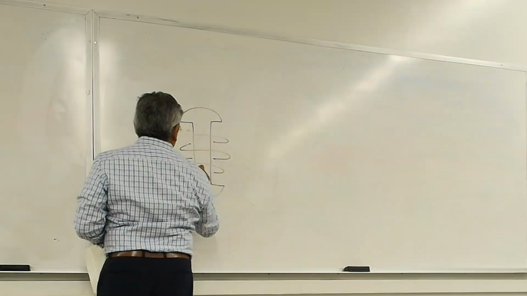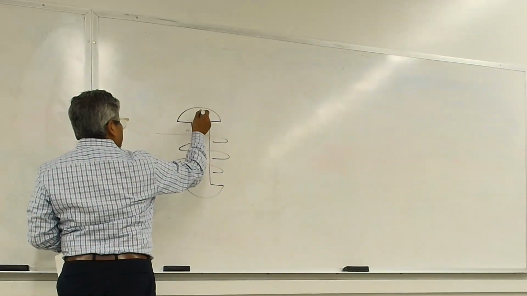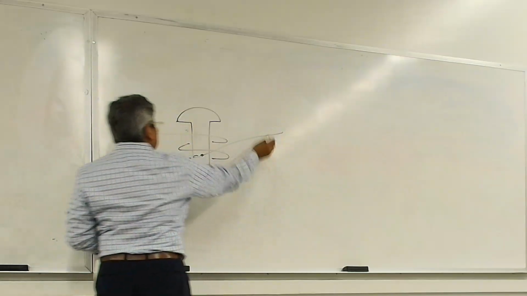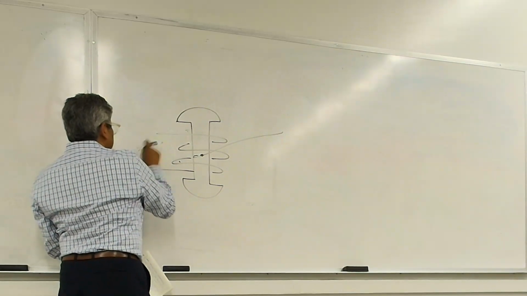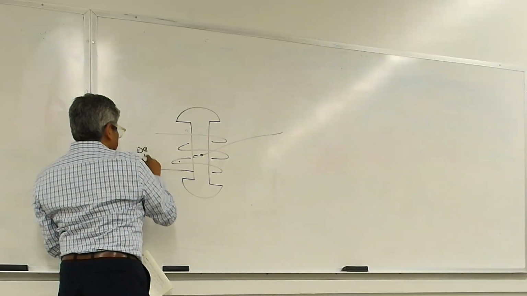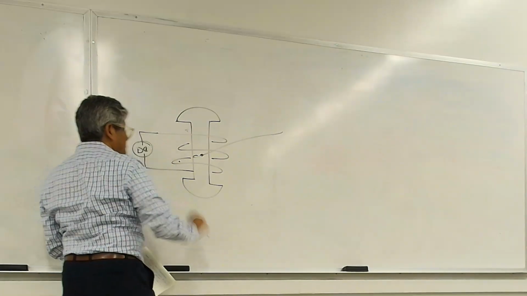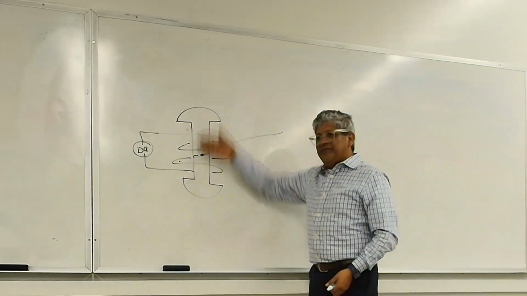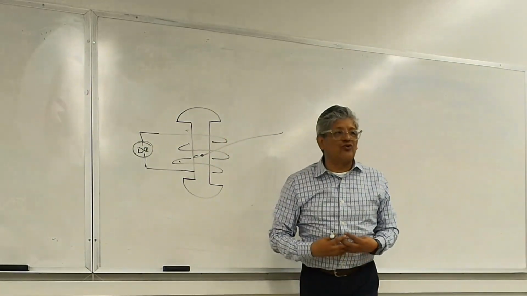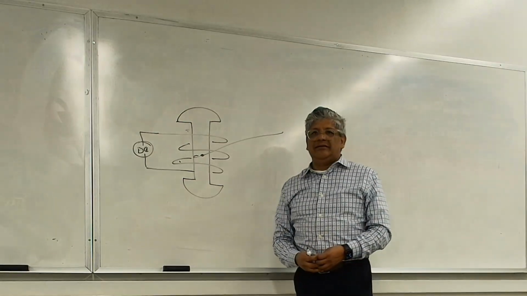The way you can think of a synchronous machine is, this is the rotor, here's the shaft, it's going around. There's a DC source, and I want you to think about this. The rotor of a synchronous machine is an electromagnet.